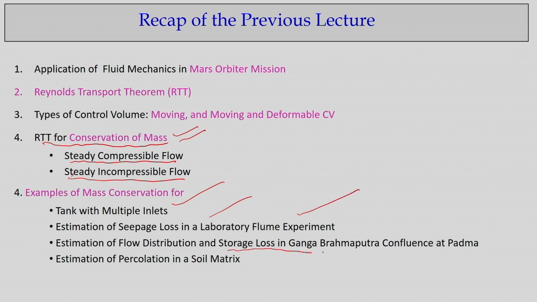We also discussed the Ganga-Brahmaputra confluence at the Padma, and how we can write the mass conservation equation for that. Then the estimation of percolation in a soil matrix. Today, I will repeat these problems.